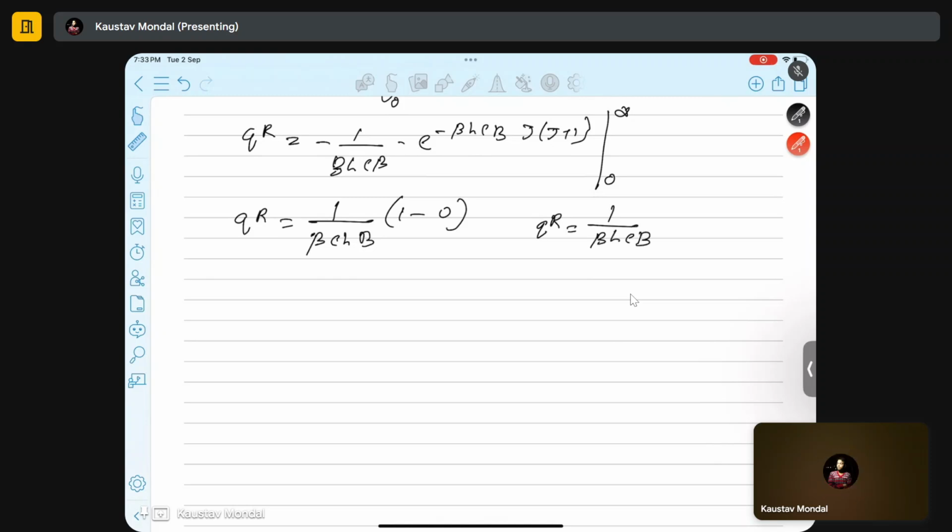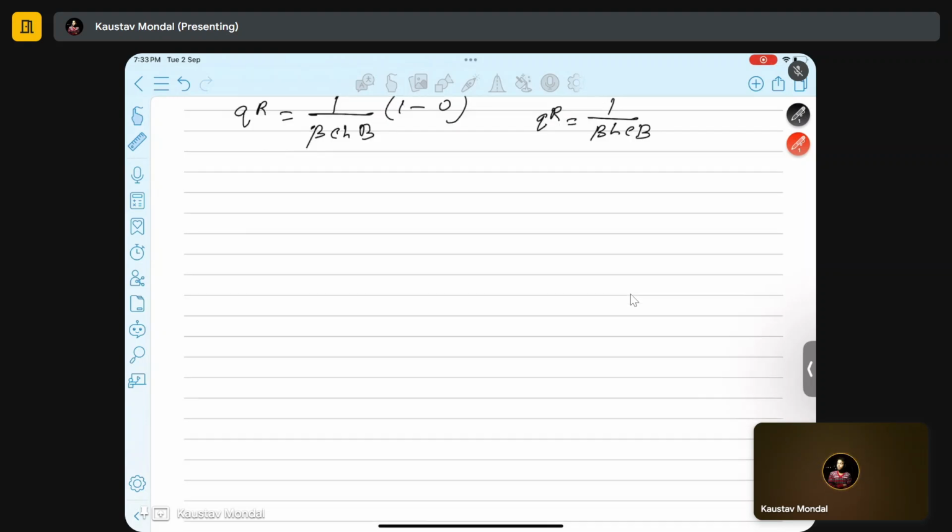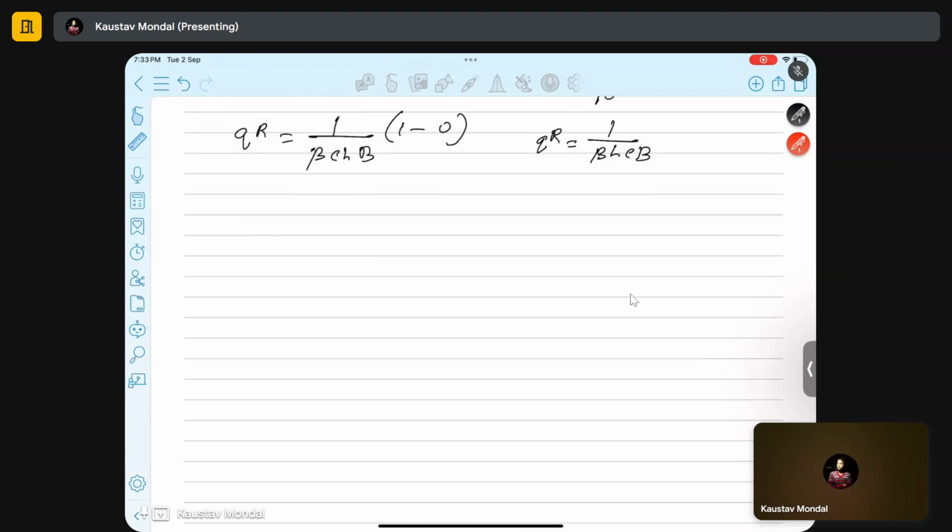B is the rotational constant here. We will be using a quantity called the rotational temperature, because this expression of Q_R is only valid above a certain temperature.